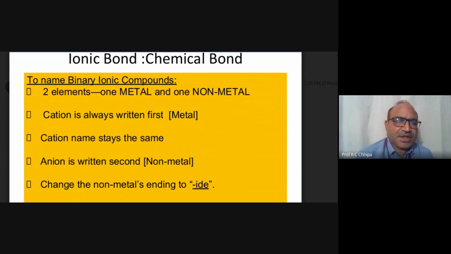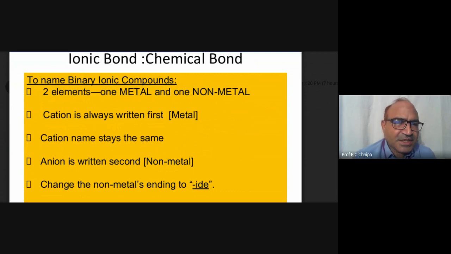So the cation is written first. For example, if the metal is potassium, then the cation name is the same, potassium.